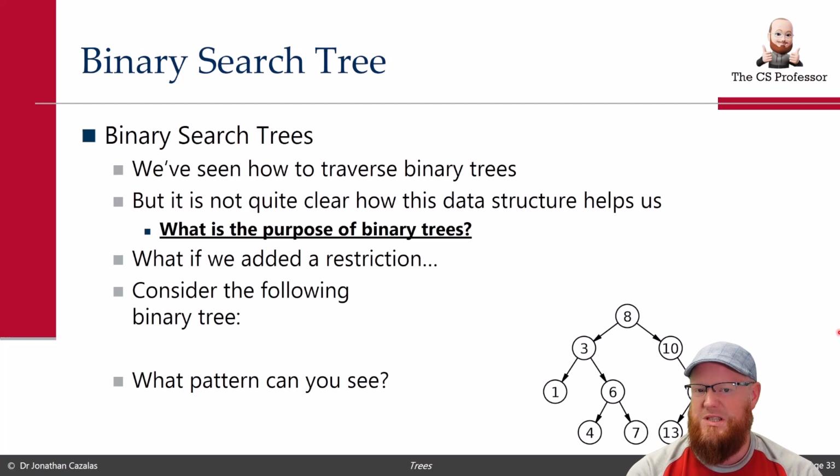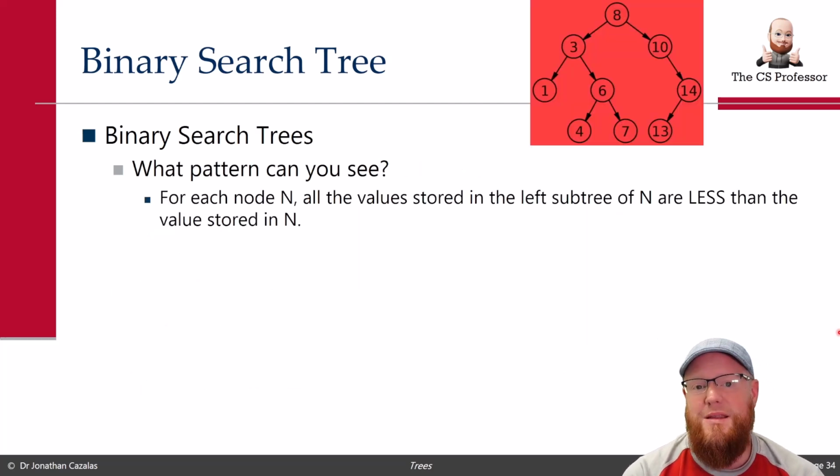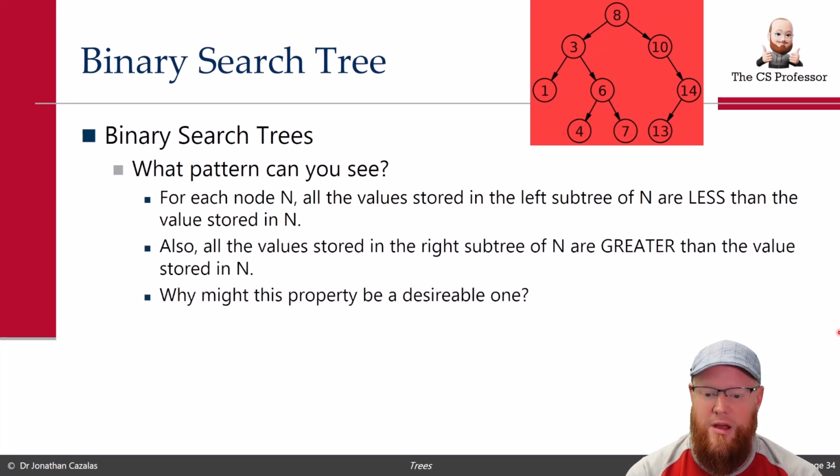Just pause the video, spend 30 seconds, and ask yourself, in what manner are those nodes being organized? And what we can see is for every single node, all of the nodes stored to the left of that node are smaller than that node, and all of the nodes that are stored to the right of that node are larger, are greater than that node.